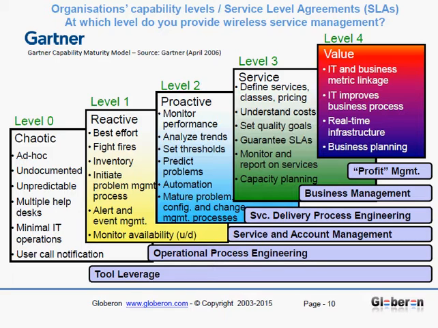If your organization reaches level 2, then it is proactive, and it can monitor the performance, it can analyze trends. You can actually predict when the wireless network is going to collapse or not, or you don't have enough capacity. You can actually predict problems. You have a mature problem configuration and change management process in place.